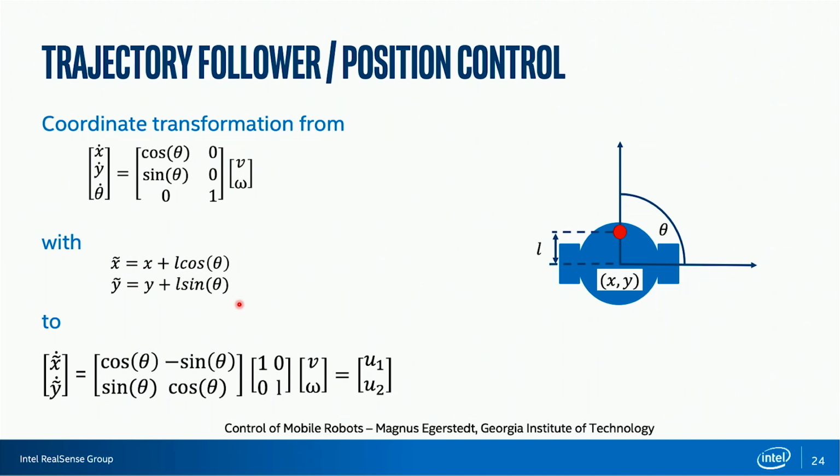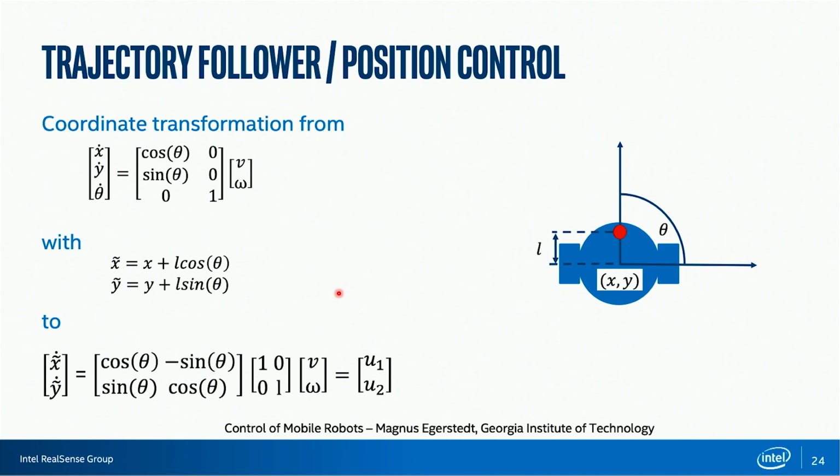But I want to highlight one approach here that I found appealing, which is applying a coordinate transformation, basically virtually moving the point of interest away from the center between the wheels, and by this making its position controllable. Not only can it move forward and backward, but also to the sides, using the rotation of the robot.